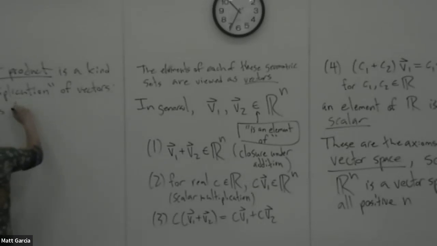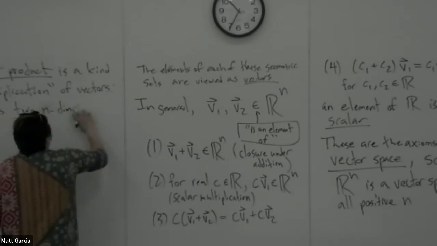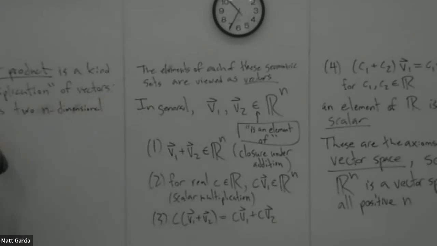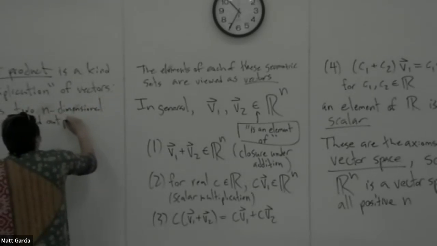It takes two n-dimensional vectors in and outputs a scalar.